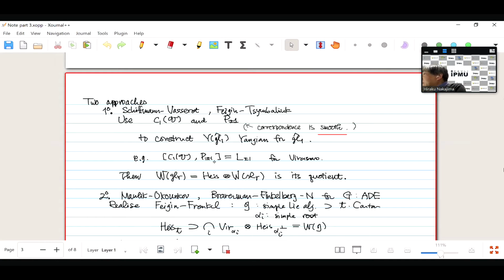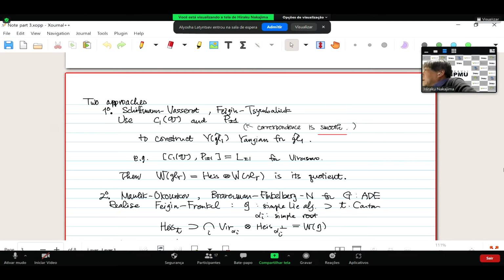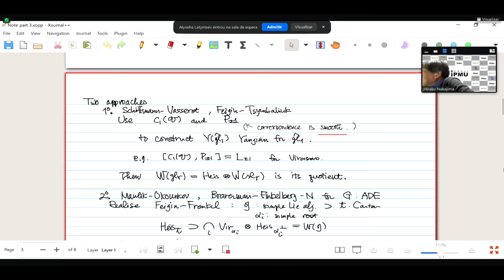Then you get the second Fourier mode, P of plus minus 2, as a commutator. And you just continue, so you can generate all the elements, all Fourier modes for example, by starting from those two. So these three operators generate a large algebra, which is the Yangian for gl_1.